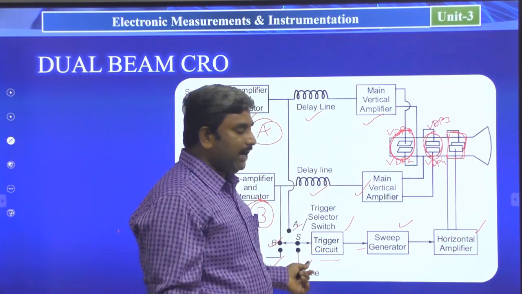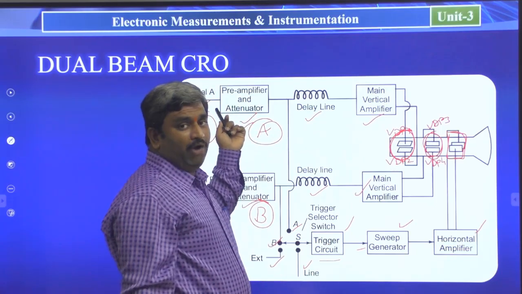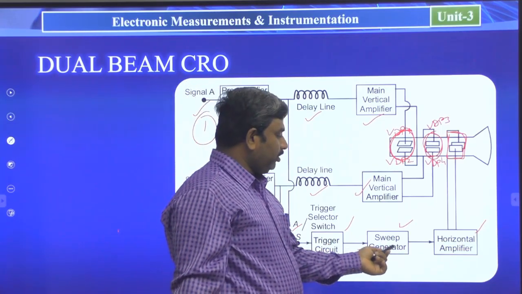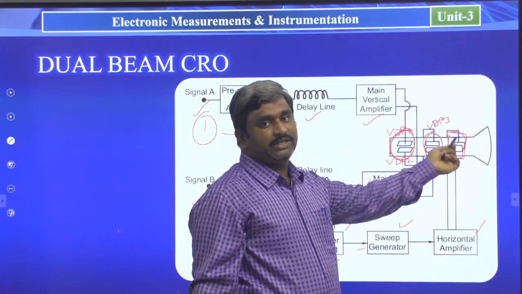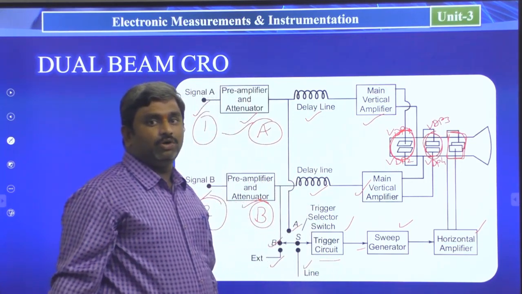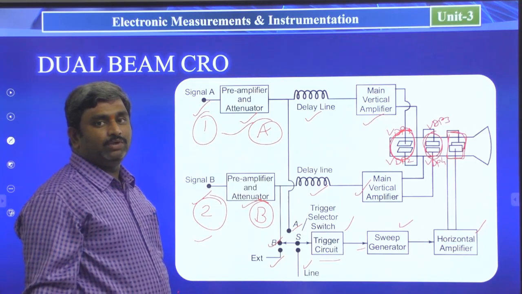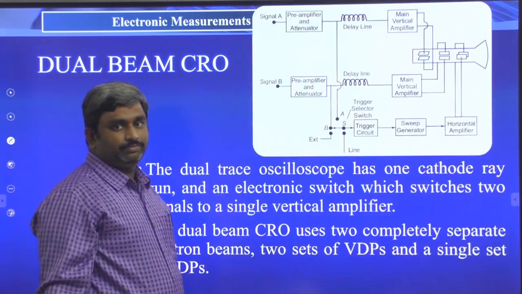On the horizontal side, after the preamplifier and attenuator, we have the trigger circuit, sweep generator circuit, horizontal amplifier, and finally it is connected to the horizontal deflection plates. So this is the block diagram of dual beam CRO.